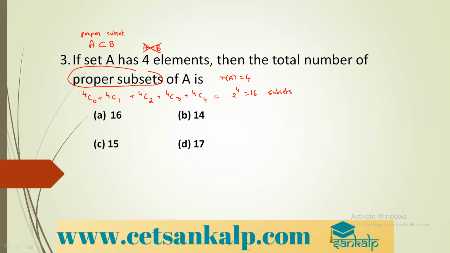A will be just subset of B, but A will not be equal to B. So when A will be equal to B, from 4 elements, if you take all the 4, here A will be equal to B. So don't take all the 4. From 16, you subtract 4C4. That is, from 16, you subtract one subset, and that will be 15 subsets. So again, the answer for the third question is also 15.